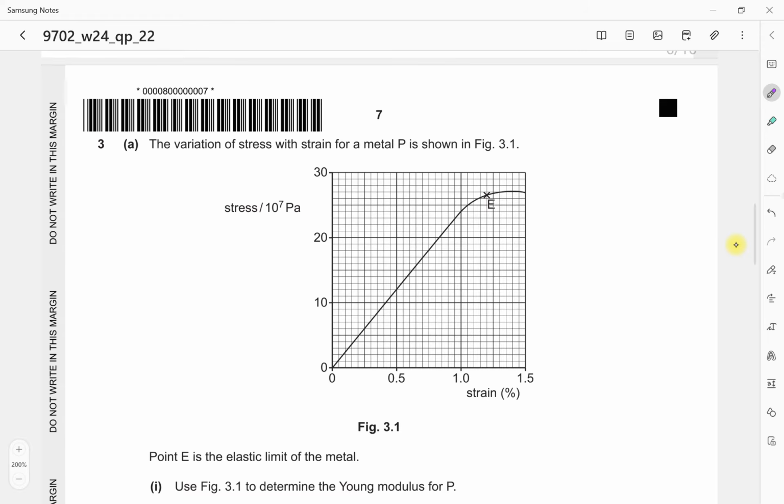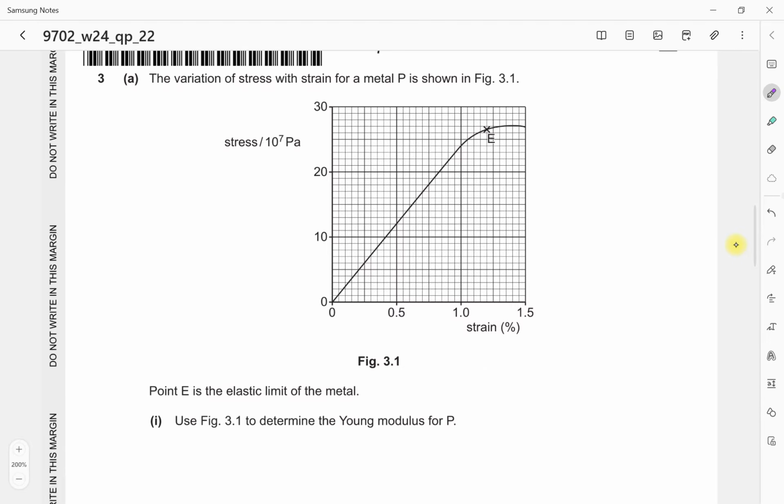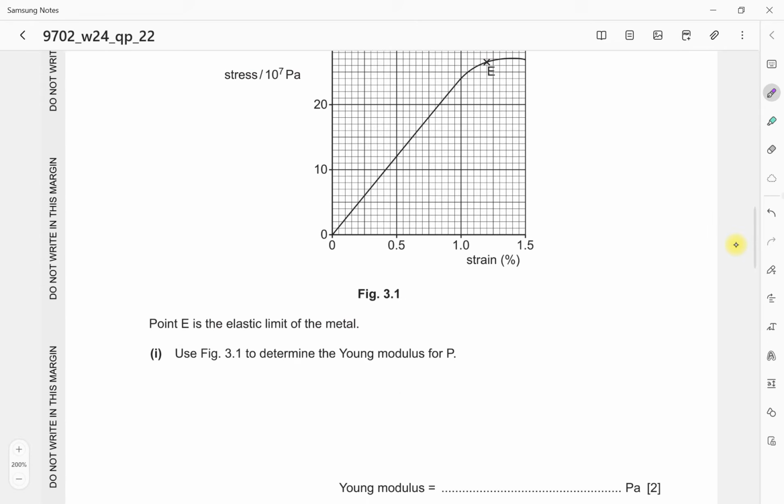The variation of stress with the strain for a metal P is shown in the figure. Point E is the elastic limit of the metal. Use the figure to determine the Young modulus for P. So of course we know that Young modulus equals the stress divided by the strain, which is the same as the gradient.